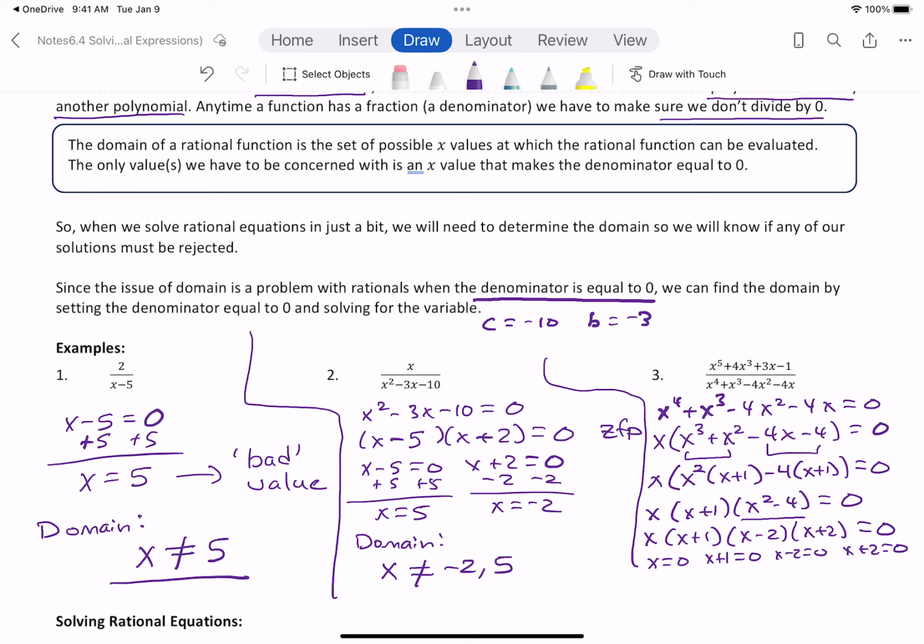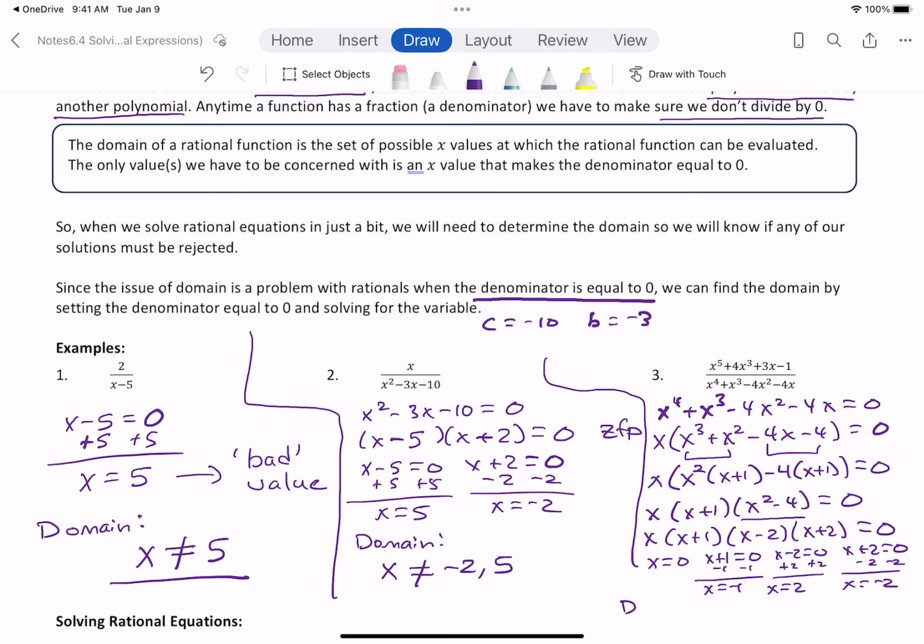So x equals 0, we're done with that one. Then we would need to subtract 1 to get x is negative 1, and then add 2 to get x equals 2, and then subtract 2 to get x equals negative 2. So this problem has 4 bad values.